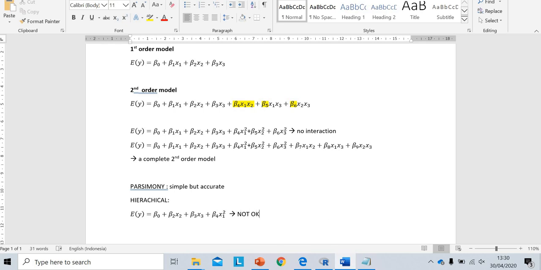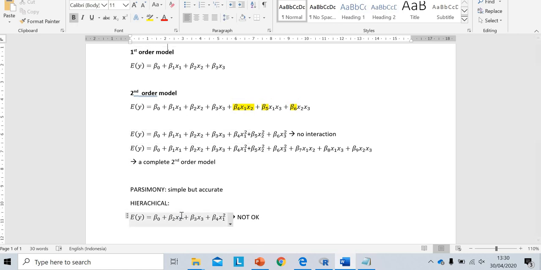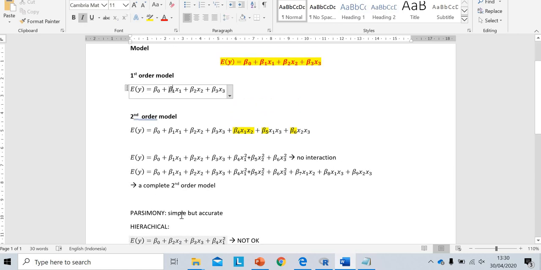This kind of model is not okay in the hierarchical way of model building. Once you have x1 squared, you have to put x1 in. Once you have, for example, x1 cubed, then you have to put x1 squared and x1 in your model.